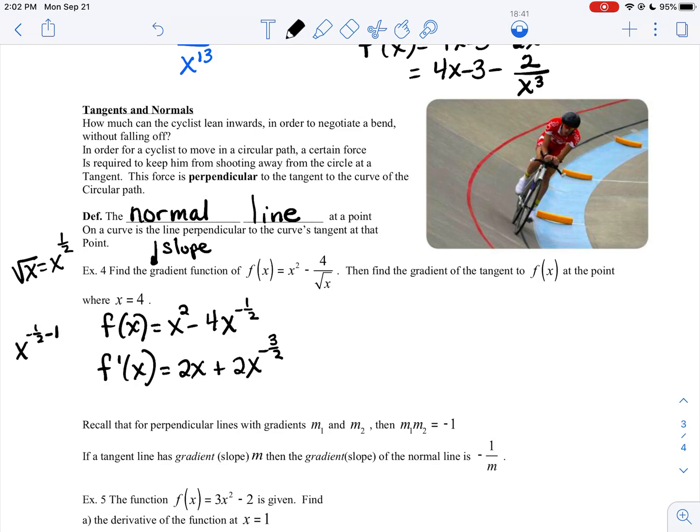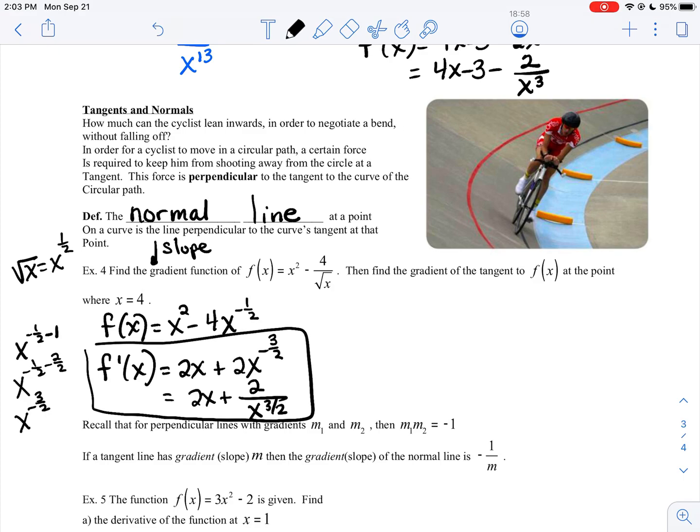Negative 1/2 minus 1, that's negative 1/2 minus 2/2, and that's where I'm getting the negative 3/2. So that would be 2x plus 2 over x to the 3/2 power. All right, so that is the gradient function. So you just got to get used to it. Gradient is slope, slope of the tangent line is derivative.